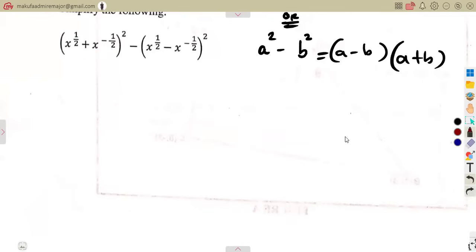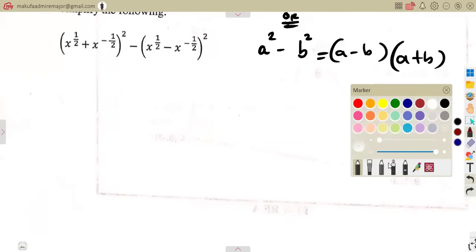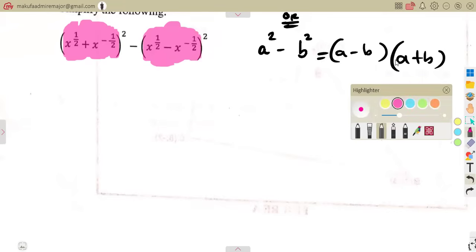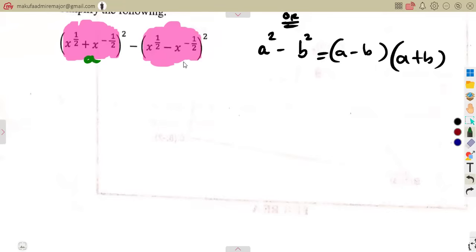So this is the whole of this. You are taking the whole of the bracket, this one, as your a, the whole of this bracket as your b. This is the bracket that is being squared. So this is your a, this is your b, using the difference of two squares. So meaning to say, from the difference of two squares concept, you must have two brackets, a minus b.